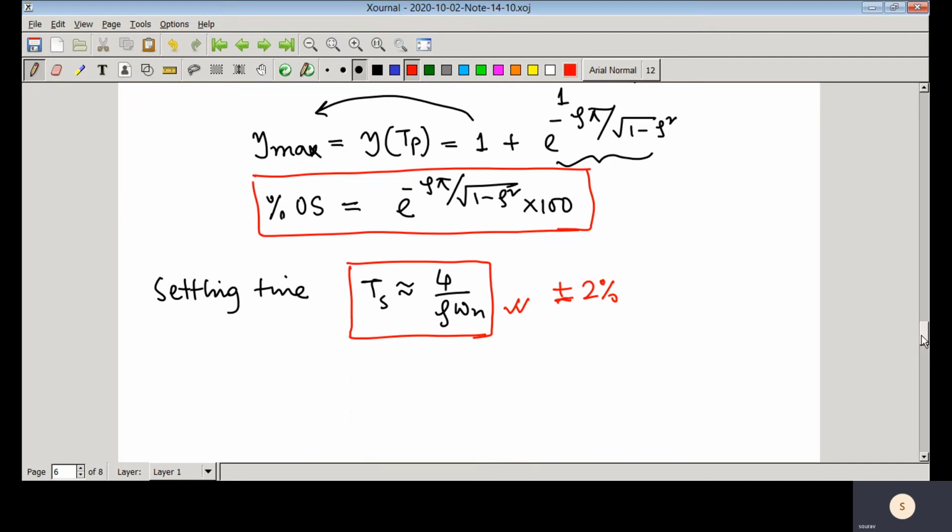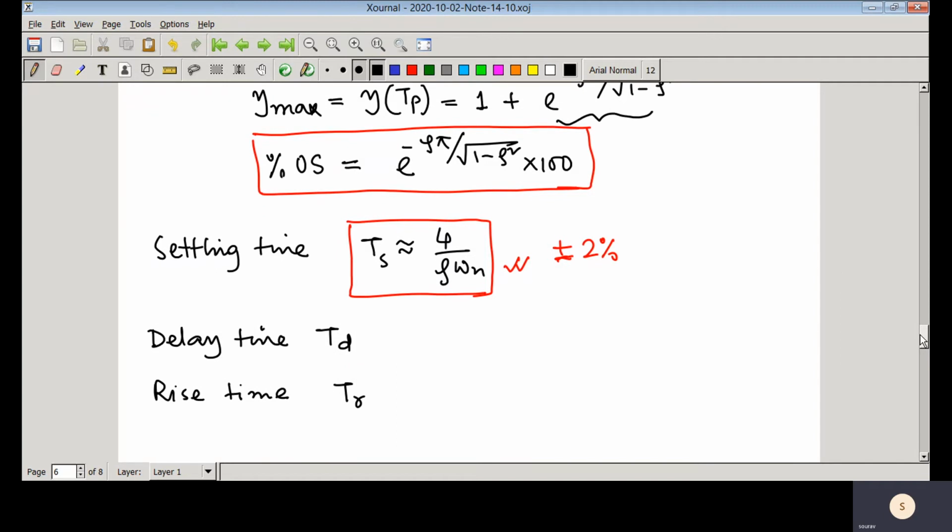Then the other two terms, the delay time TD and rise time TR. For these there is no such explicit relationship.